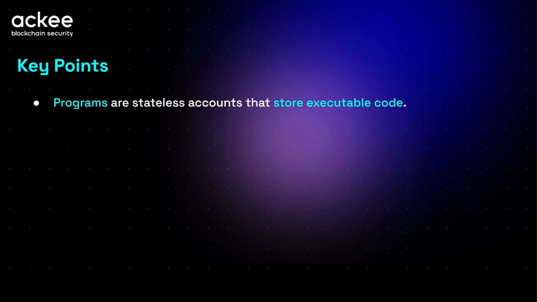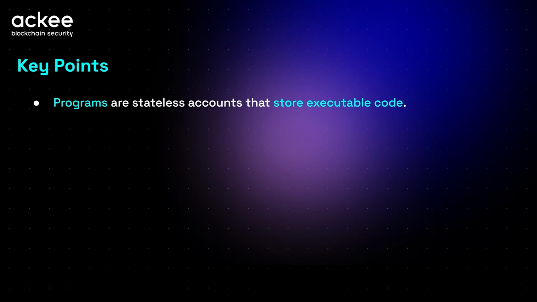Then the second part: programs are stateless accounts that store executable code. So yeah, already the third time, but it will definitely help you to understand it better. Programs are stateless, so there is no such thing as stored state in a program between invocations.